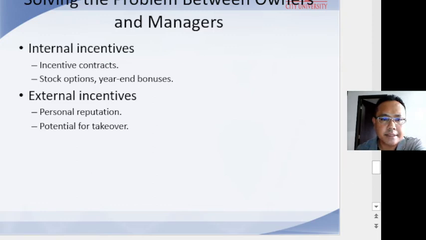For example, internal incentive like an incentive contract. Typically the chief executive officer of a corporation receives a stock option and other bonuses directly related to profit.